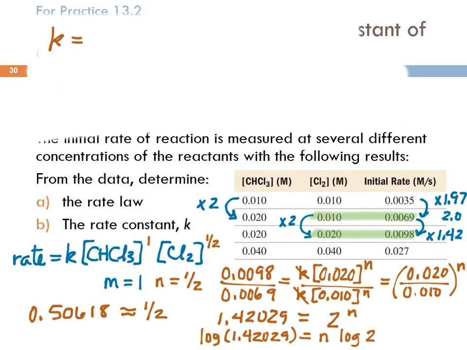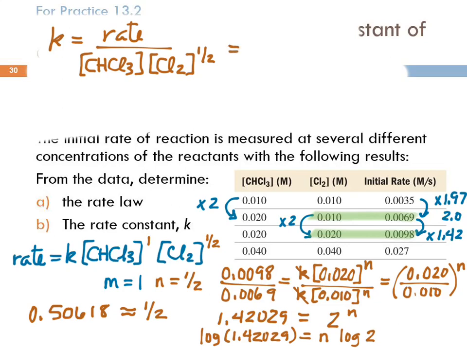K is going to equal the rate divided by the concentration of CHCl3 to the first power times the concentration of chlorine to the 1/2 power. Let's just use the first line. 0.0035, and let's put units in there because the rate constant is going to have units.